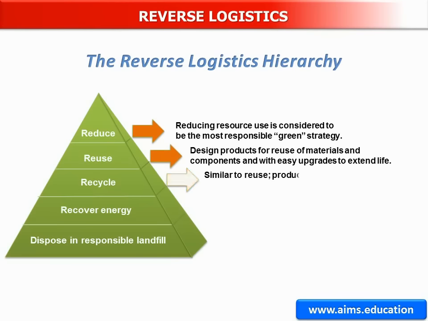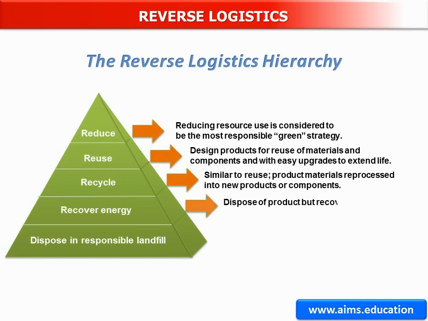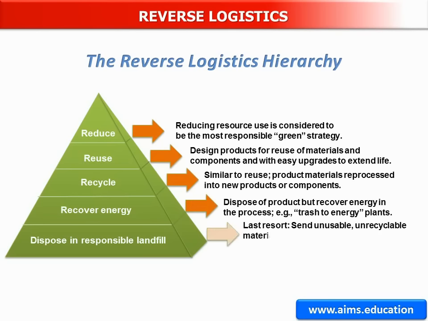Similar to reuse, product materials are reprocessed into new products or components. Next, dispose of product but recover energy in the process, for example, trash to energy. Finally, unusable and non-recyclable materials and components are sent to a responsible landfill.